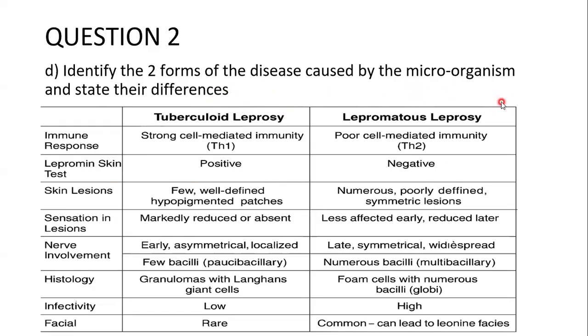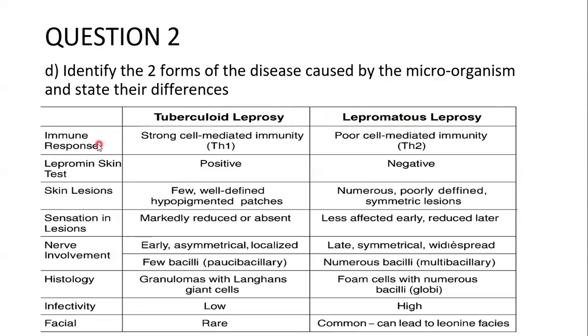The one we have seen, which presents with the lion-like faces, is the lepromatous type. Tuberculoid I usually compare to the less severe form of leprosy. Then lepromatous is the more severe one.